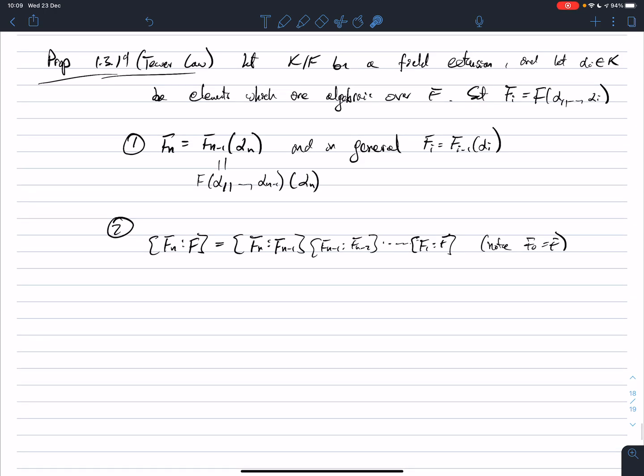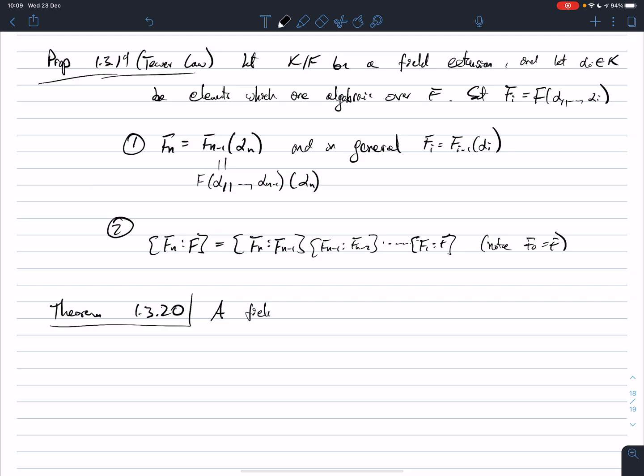So here's a theorem to round off this section. Theorem 1.3.20. This just follows from the stuff we have before, but I'll write it out.